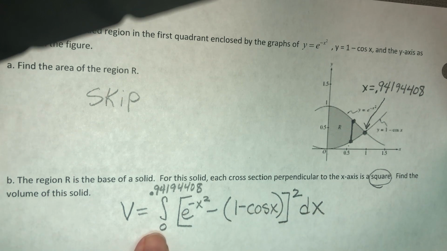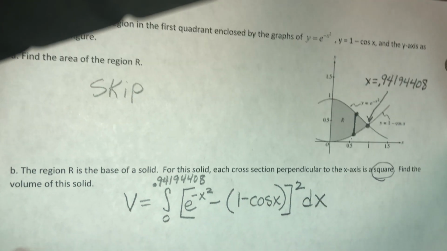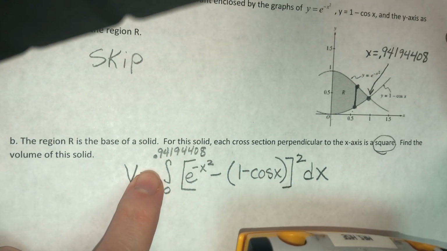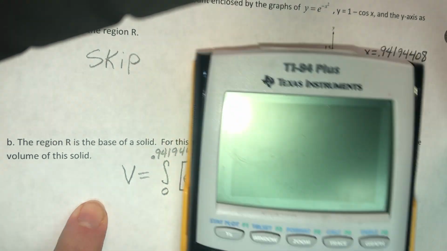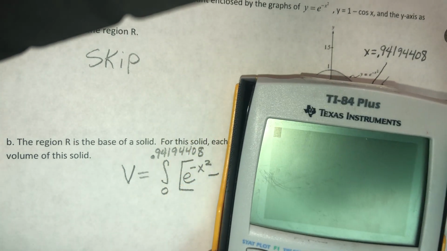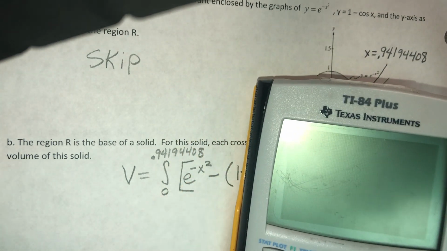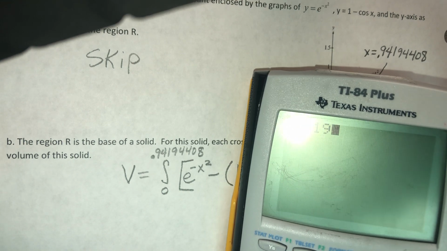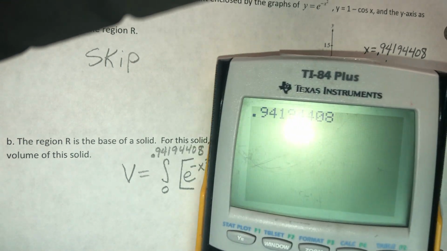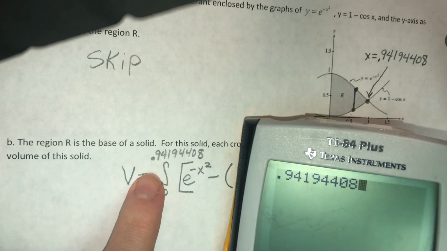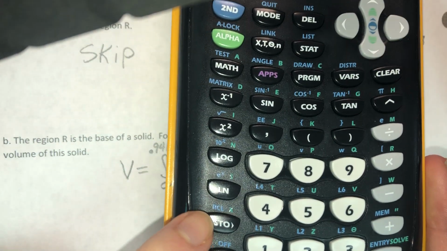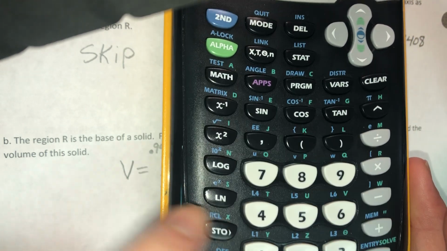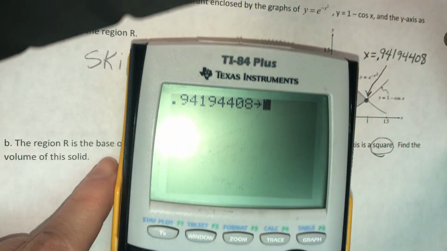I'm going to go ahead, because I know what's ahead, and store this number in my calculator so that I can use it on the other parts as well. So I'm going to say 0.941944408, typed it in, and then I'm going to hit the STO button, which is the store button on the calculator, and I can store it as any letter I want.